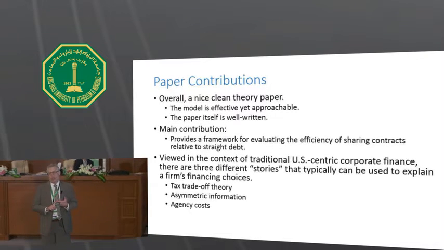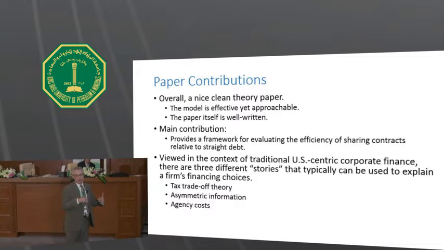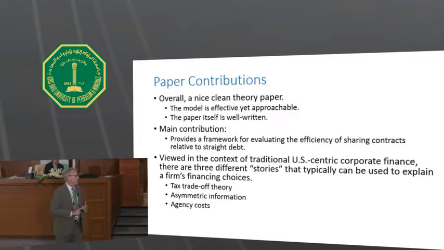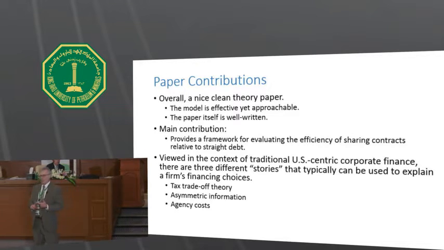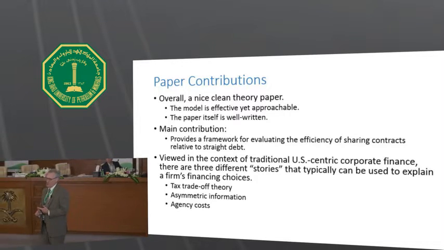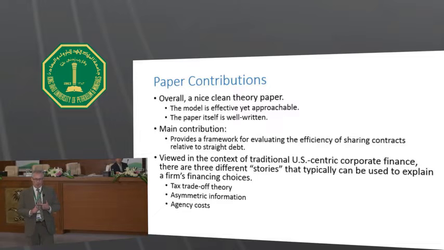You can think of a tax trade-off theory. This paper has elements of that. You can think of asymmetric information. I think this paper has elements of that. And you can think about agency cost explanations. This paper really does not talk about agency, but I believe that's probably the more fertile ground for thinking about how to extend the paper going forward.